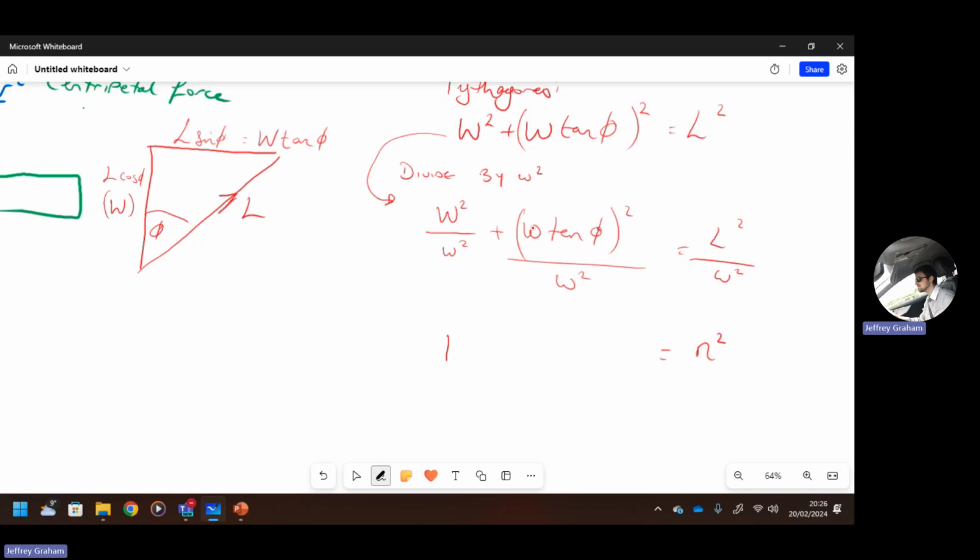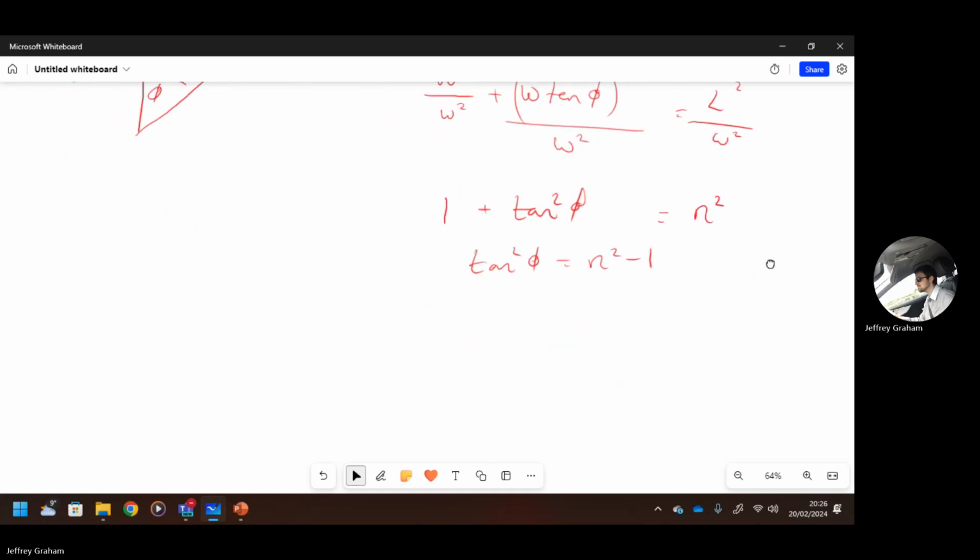In this one, the weight squared will cancel this weight squared out, leaving us with tan squared theta. Tan squared theta, with a bit of rearranging, is equal to n squared minus 1. You take the square roots of both sides like that.